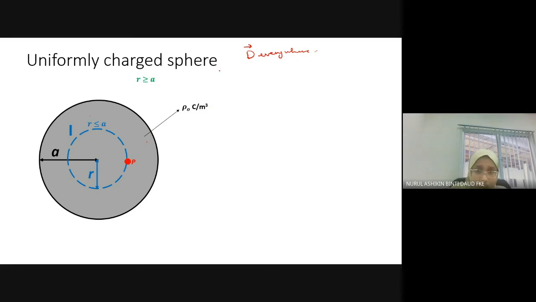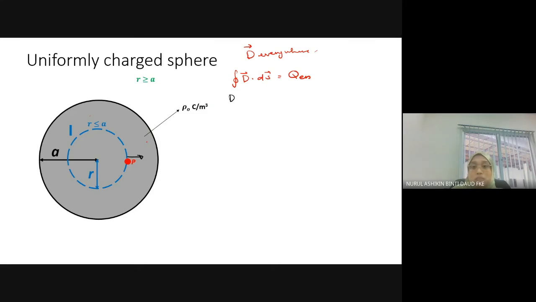In this region 1, I make my calculation. Based on Gauss's law, the closed-surface integral of D dot dS equals Q enclosed. By now you already know the direction of D: it is normal to this Gaussian profile, so it is the same as the r direction.